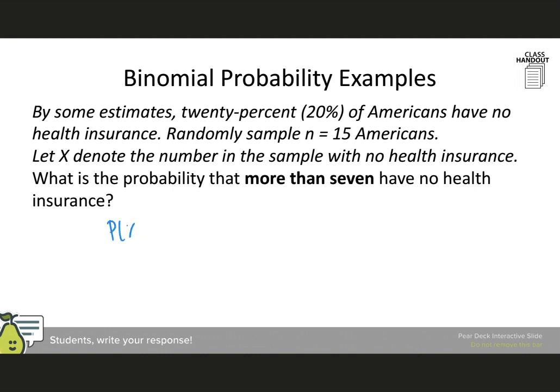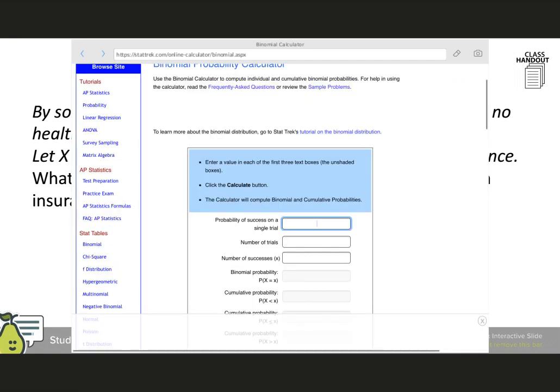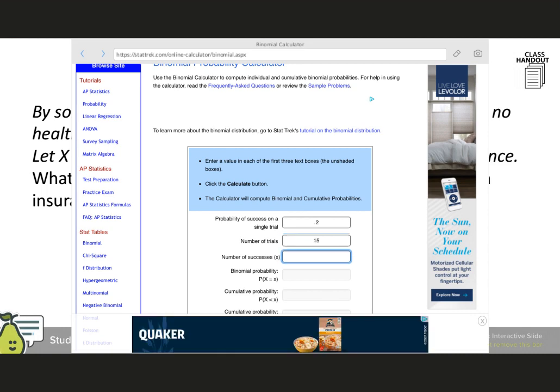More than 7, same N, same P, and K, we're going to use 7. So 0.2, 15, and more than 7.